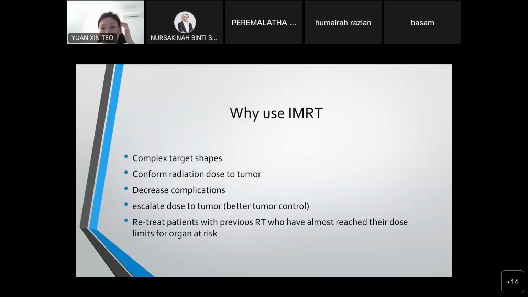So by using IMRT, we can create a very nice tumor dose while reducing the organ at risk dose. So by using IMRT, we can retreat this kind of patient within the maximum tolerance. This one I will also share with you later.